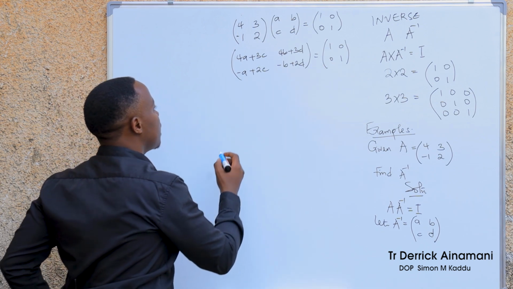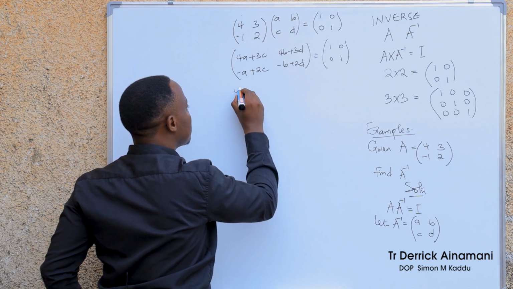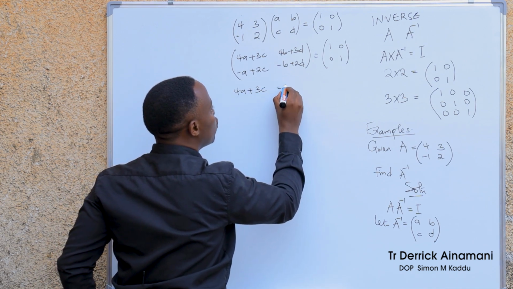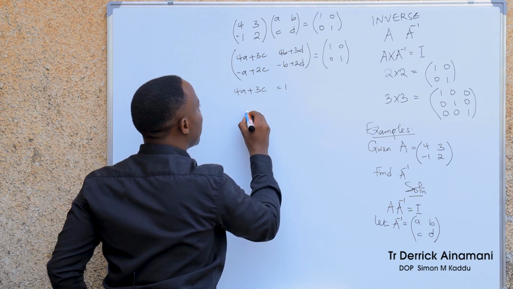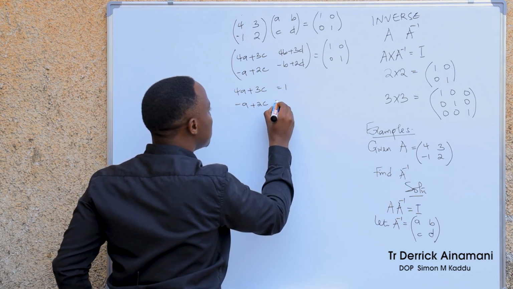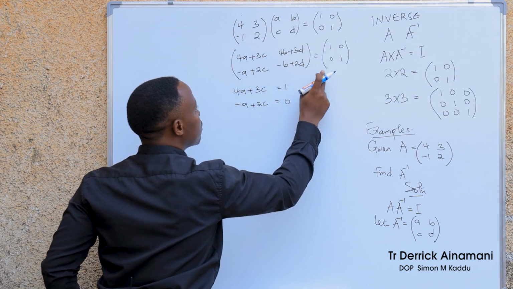So we say this would be equal to 4A. We form our equations. 4A plus 3C is equal to 1, and then we have negative A plus 2C is equal to 0.